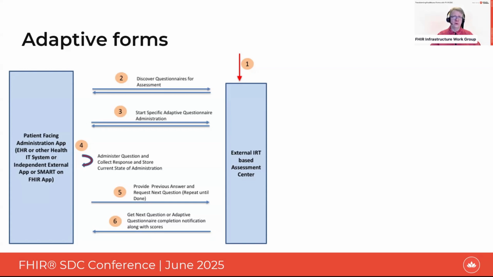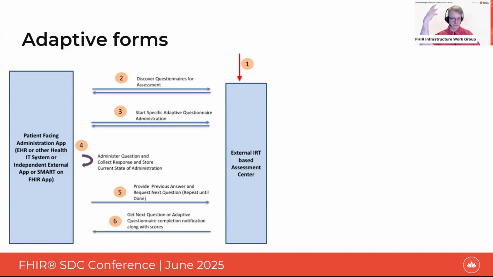With adaptive forms, instead of saying, here is all of the questions organized into all of their sections with enableWhens or enableWhen expressions or whatever that turn things on or off based on how you answer, I'm just going to have a very simple form that says, hi, I'm a form. This is what kind of form I am. When you're ready to fill me out, go hit this endpoint. And you go hit that endpoint and say, what's the next question?